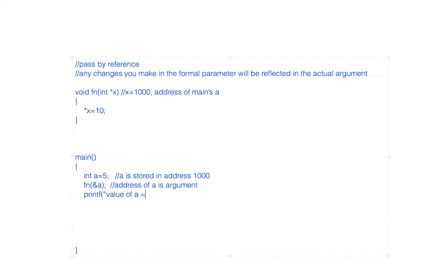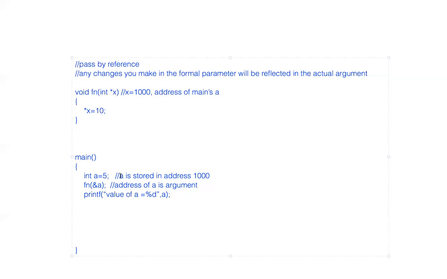What do you expect the answer to be? 10, because I've changed the value of a in the function. So any changes you make here will be reflected in the actual argument. That's what is called pass by reference.